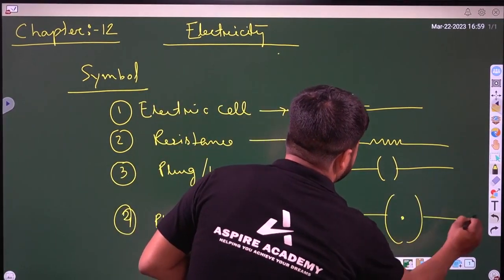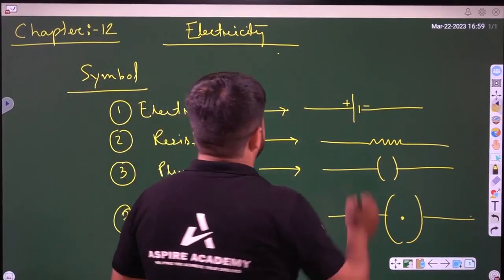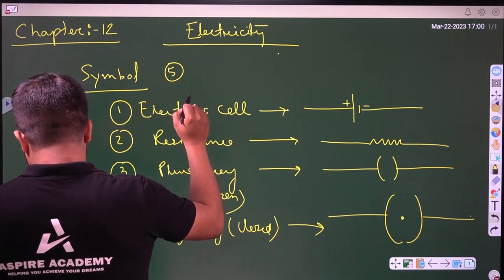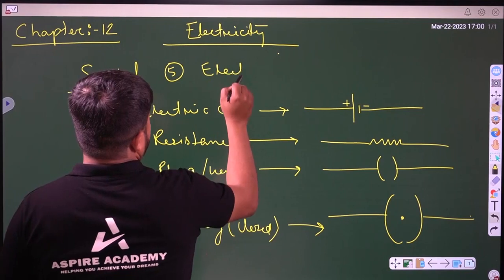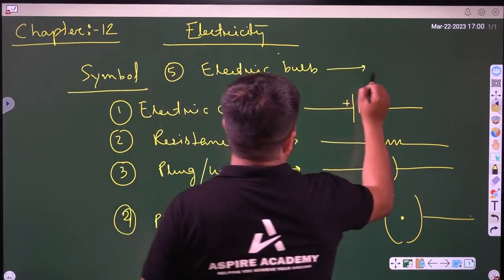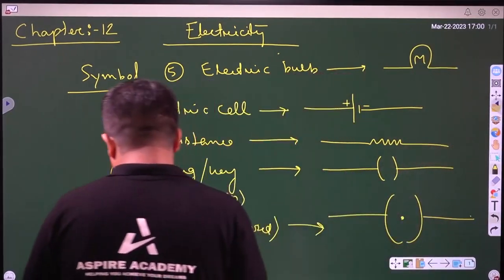This is a dot, this is closed. The next one, the fifth one, electric bulb. We can represent the electric bulb like that.